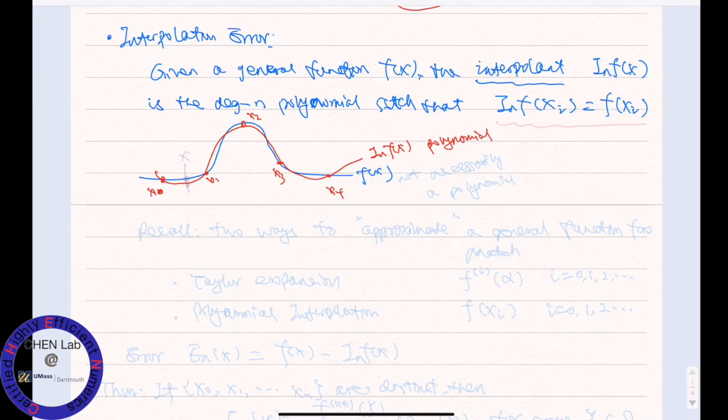This one is not necessarily a polynomial. So you approximate a general function by a polynomial. Okay.